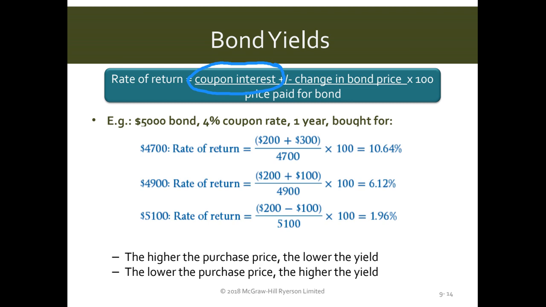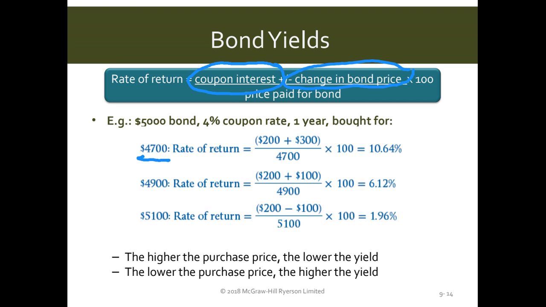Then my return on this investment is not 4%. 4% is the coupon rate that I earn on 5,000, but I haven't paid $5,000, I paid only $4,700. So how are we going to calculate my return?